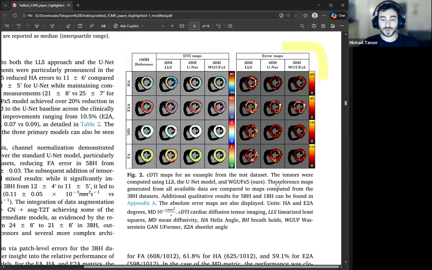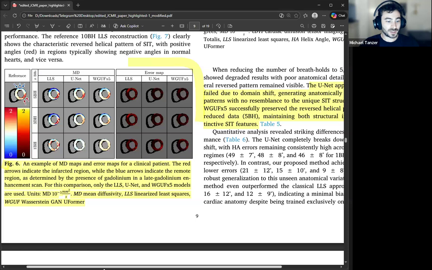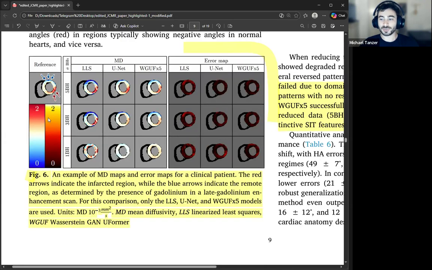From here, I would also want to move on to two specific clinical validation cases. So for the clinical validation, we looked at myocardial infarction cases mostly. Here you can see examples of a myocardial infarction patient, where the red arrows show infarcted tissues and blue arrows show remote myocardium.